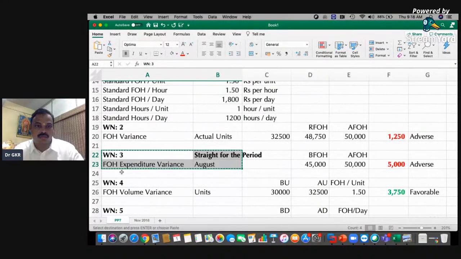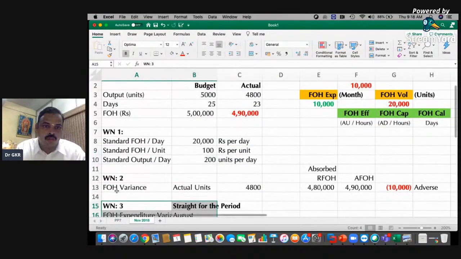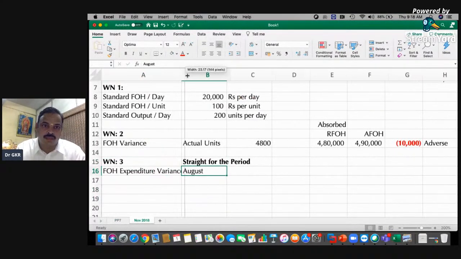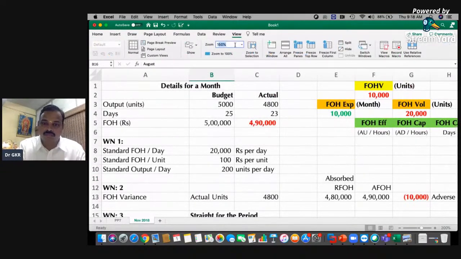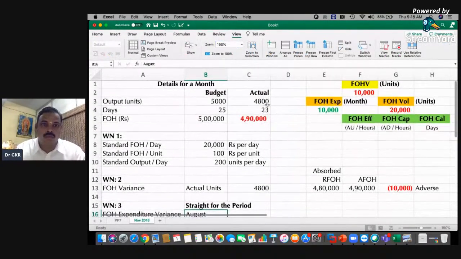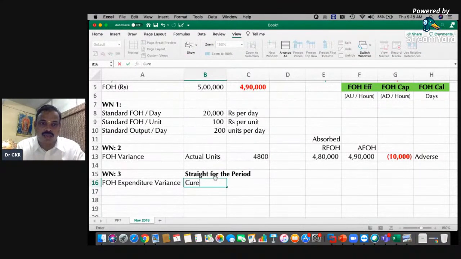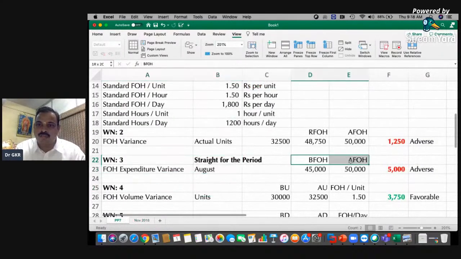Anyhow, all of you know this. Straight away we can do it, so I need not spend time here. Straight for the period. Here it is some month, we don't know which month, so we'll call it the current month. What is your budgeted fixed overhead, and what is your actual fixed overhead?